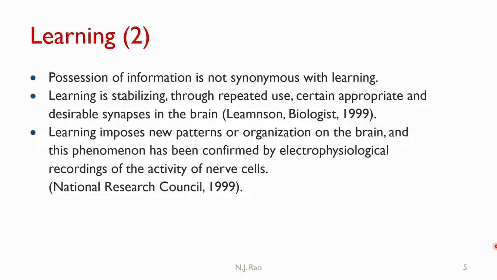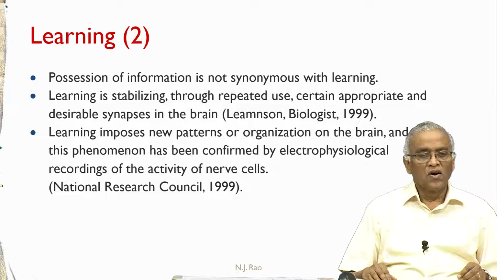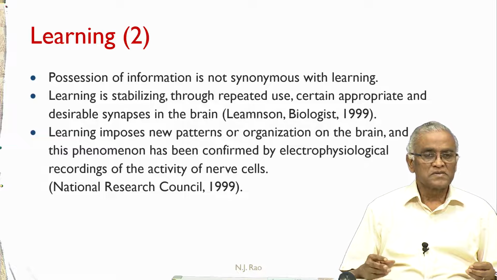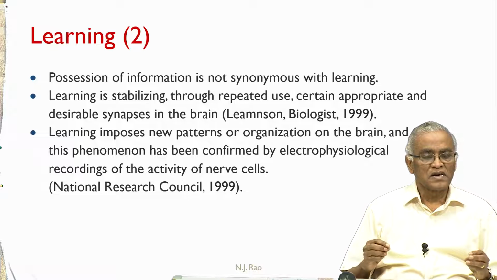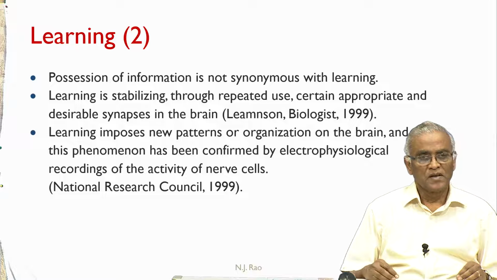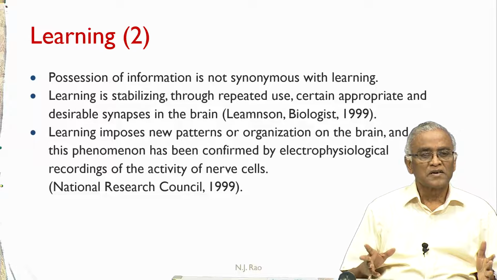And another biologist's view: learning is stabilizing, through repeated use, certain appropriate and desirable synapses in the brain. Now we come to a little more specific detail. Learning can be interpreted in terms of how new synapses are forming.